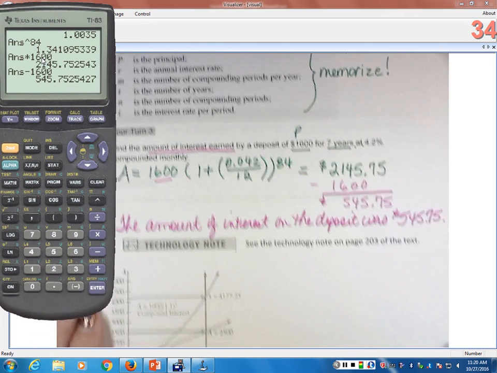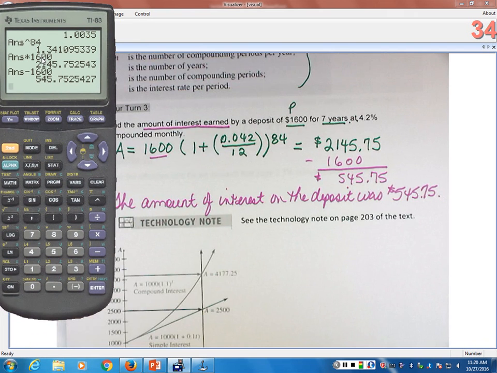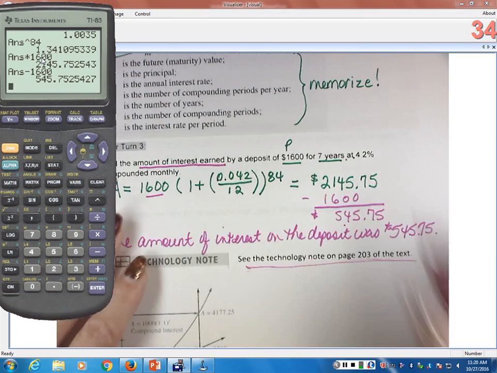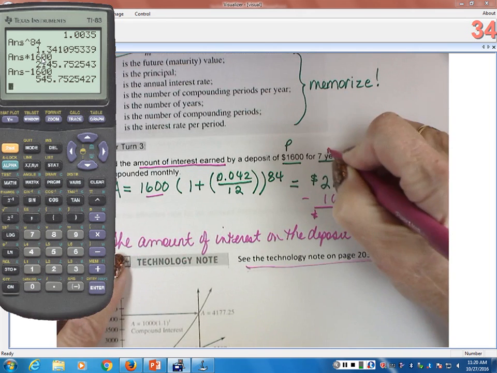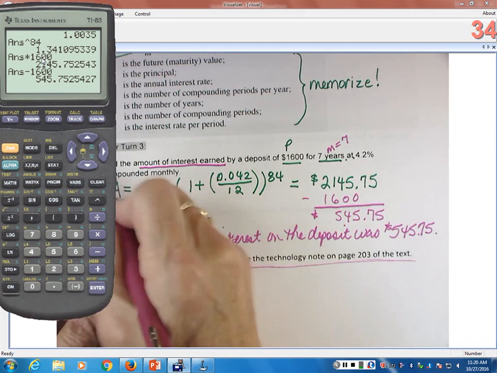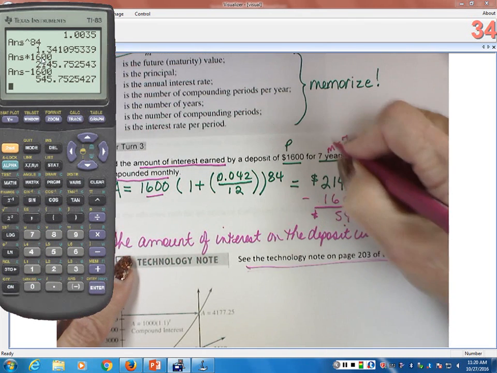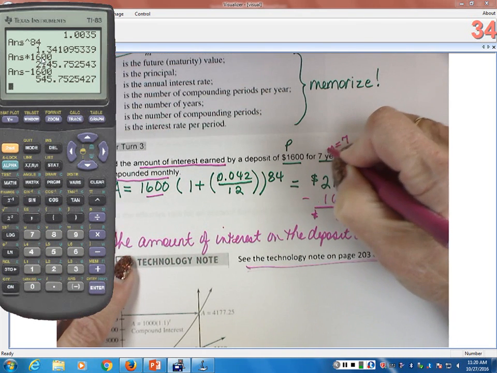Now, it's in your notes, you don't have to do it right now, but I would suggest that you look at the technology note on page 203 of your textbook, because that's going to tell you how to do the calculator. Yes? Where'd you get the 84 at? The 84 is 7 times 12. Since it's compounded monthly, you have to do times 12?